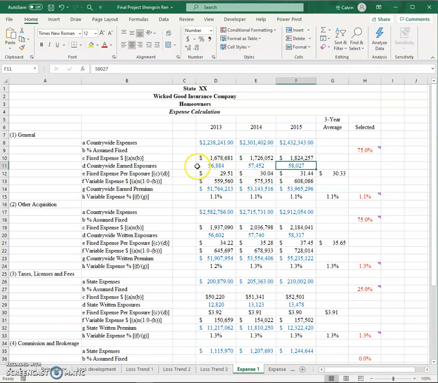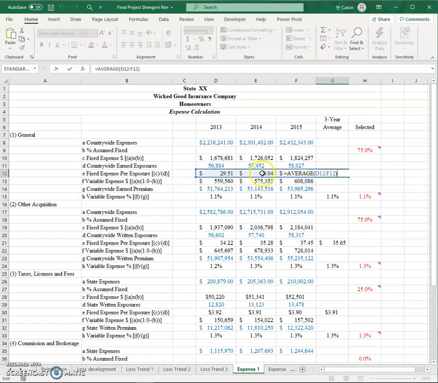The countrywide earned exposure is given, so for the fixed expense per exposure, we use fixed expense divided by the exposure, and we get this number for each year. For the expense per exposure, we also calculate the 3-year average, just the average of 2013 to 2015.